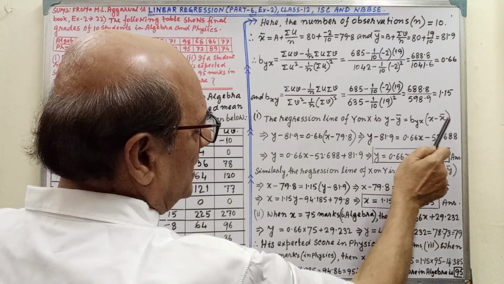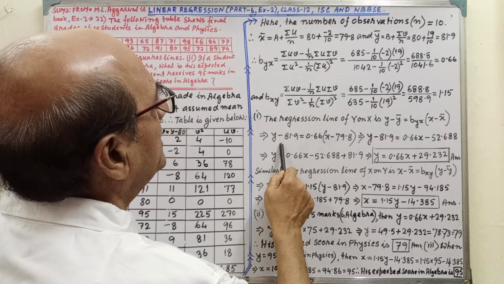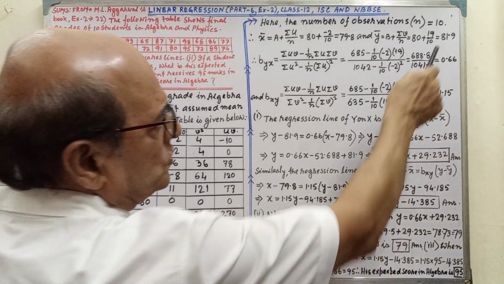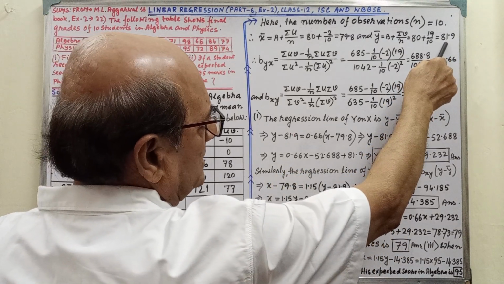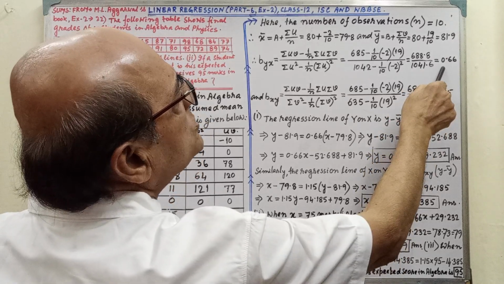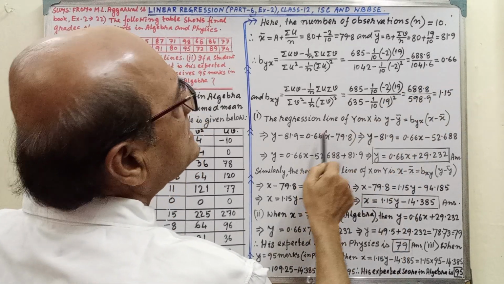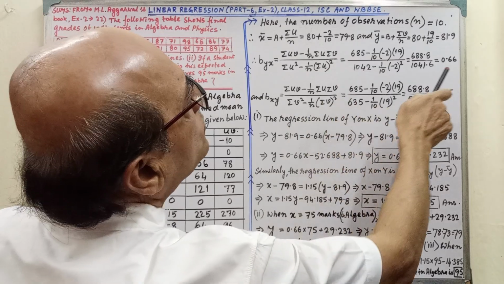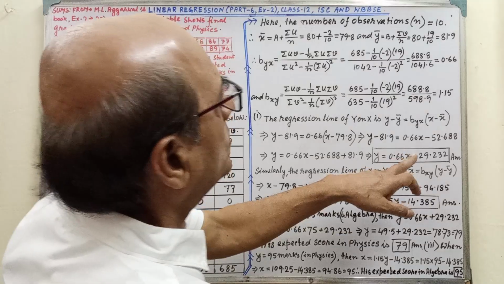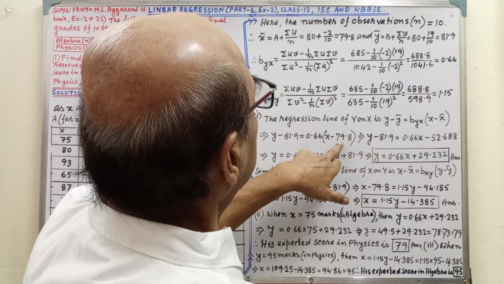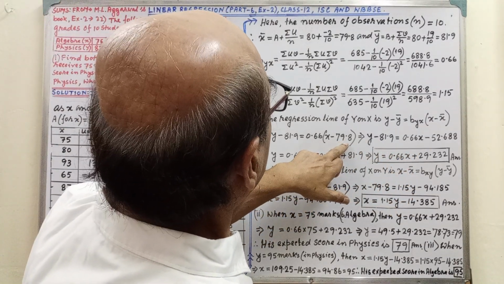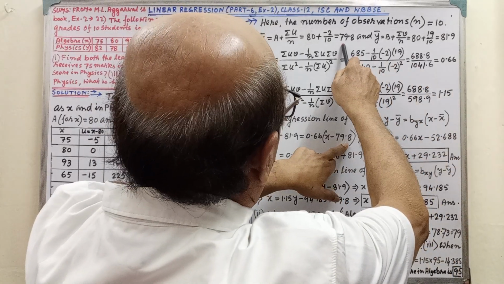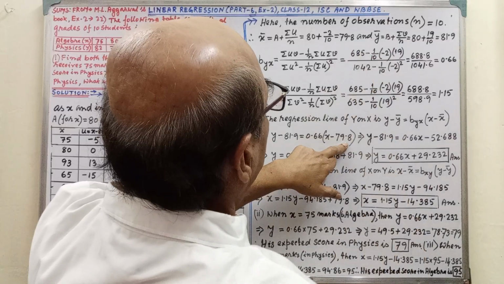After writing the formula, then we have to put the relevant values, y minus 81.9, then byx, that is 0.66, then x minus bar x, that is 79.8.